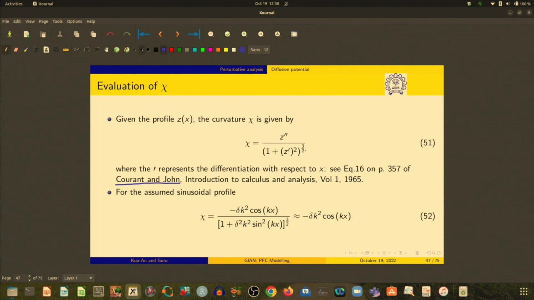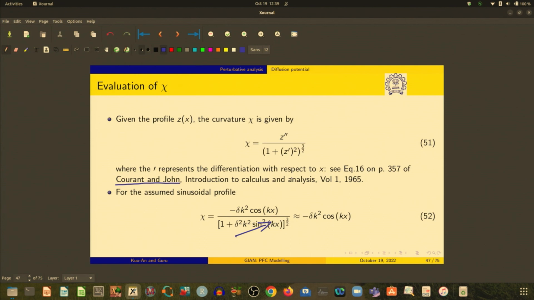Now, I have delta cos kx, second derivative will give you minus delta k squared cos kx, first derivative is minus delta k sin kx, right, squared. So, that will become 1 plus delta squared k squared sin squared kx, but I am going to take only delta to the power 1, higher order deltas I am going to neglect. So, this I am going to neglect. So, which is approximately minus delta k squared cos kx. This clear? So, curvature term has been evaluated.